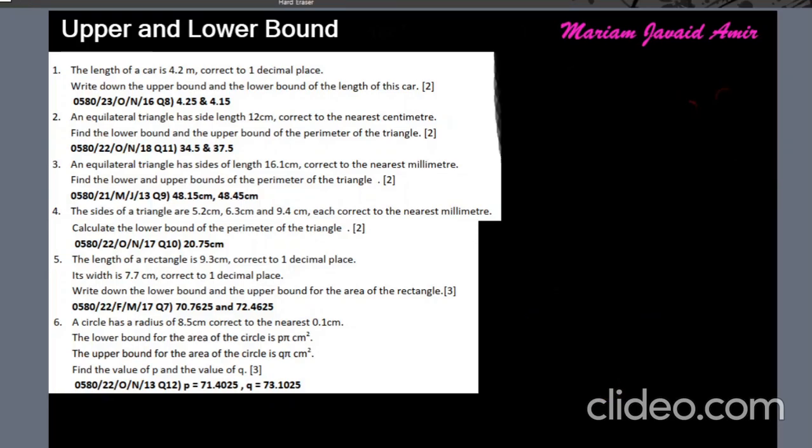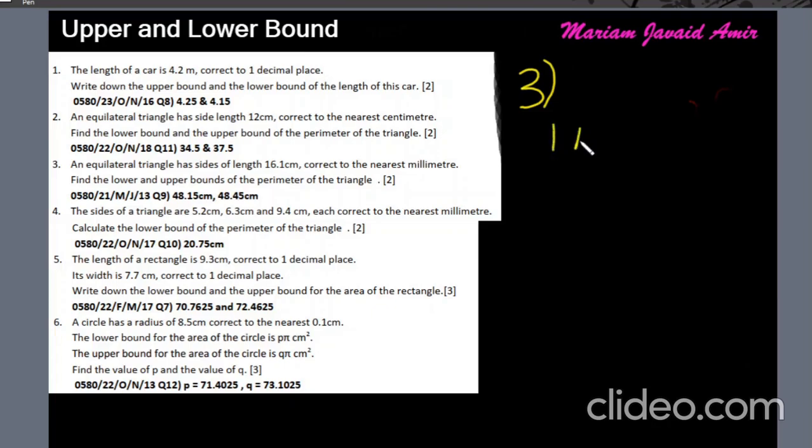Question 3, which is an equilateral triangle has length 16.1, correct to the nearest millimeter.